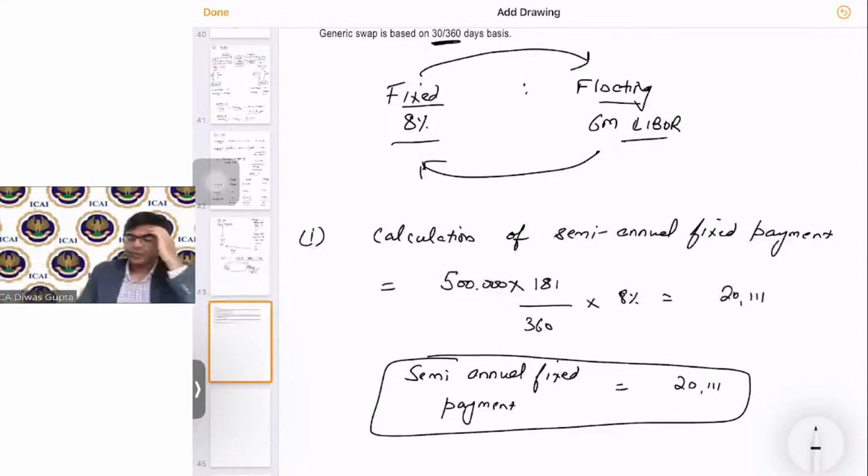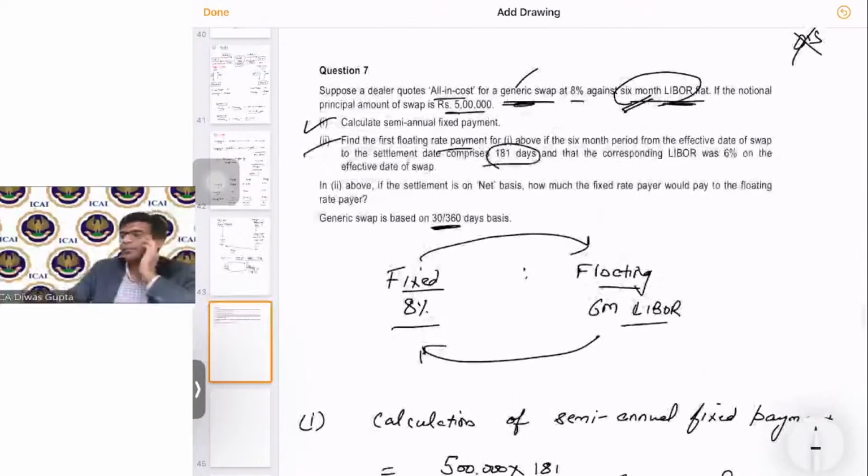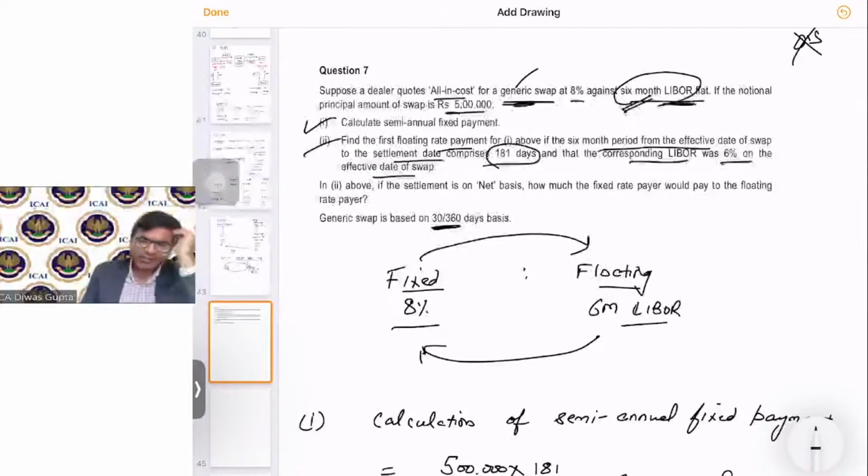First part solved. Now let's read the second part again. Find the first floating rate payment. So they are asking us to calculate the floating rate payment. If the 6 months period from the effective date of swap to the settlement date comprises 181 days, which is fine, swap is for 6 months and hence they're asking us to use 181 days. And the corresponding LIBOR was 6% on the effective date of swap. So they are saying that the LIBOR was 6% when it was agreed, and 6% has been agreed against 8%, correct?